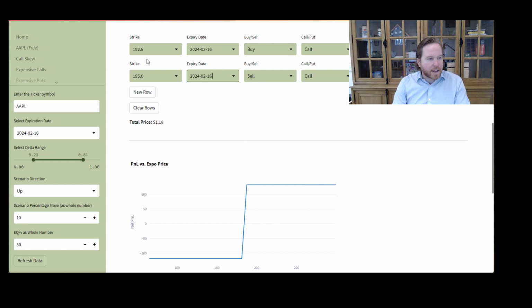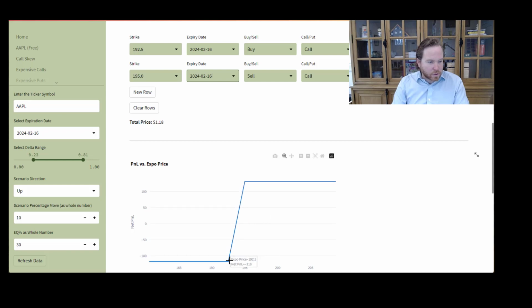So I'm paying about $1.18 for $2.50 of expansion. 250 minus 118 gives us that net P&L on the upside of 132. 118 we paid, and right between those strikes, going from 192 to 195 is where we start making the money, and that's what that increasing line is.